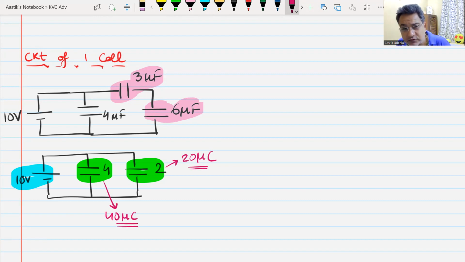Now, as soon as you know the charge on the capacitor is 20 microcoulomb, this capacitor basically consists of two capacitors which were in series. So, charge on each of these capacitors will be how much? 6 by 9 into 20 and 3 by 9 into 20.